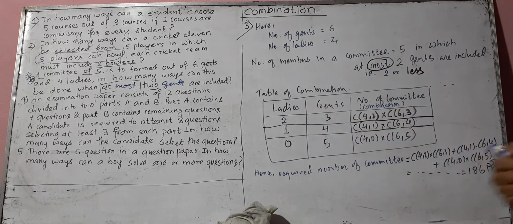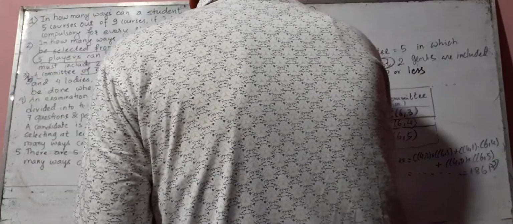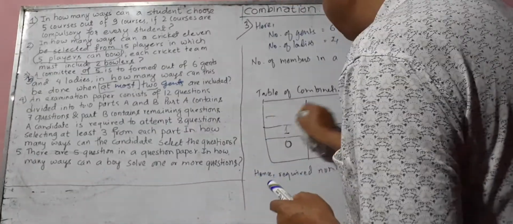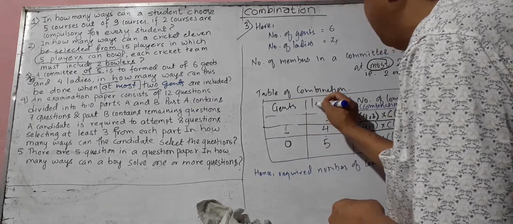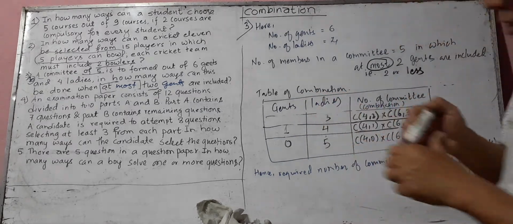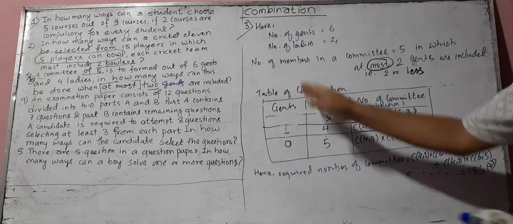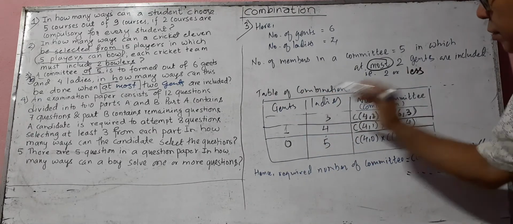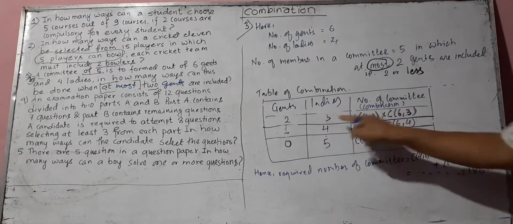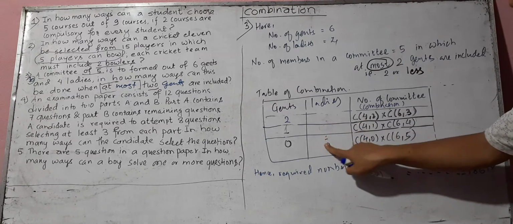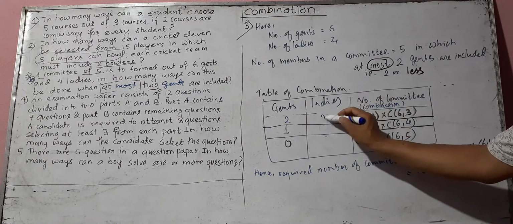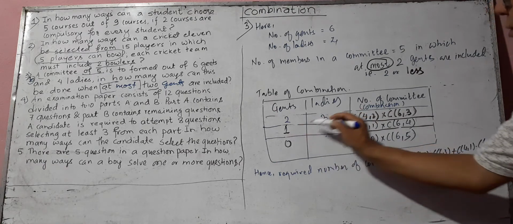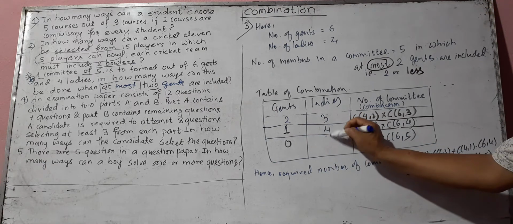So we start here from gents and then ladies, which makes it easy to combine. Gents 2, ladies 3. Gents 1, ladies 4.